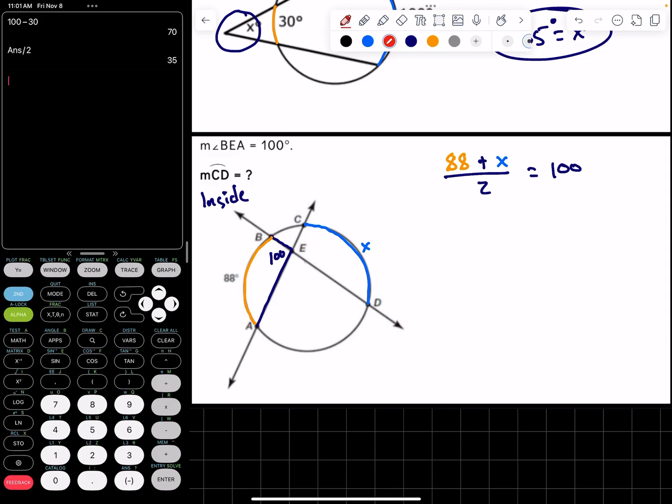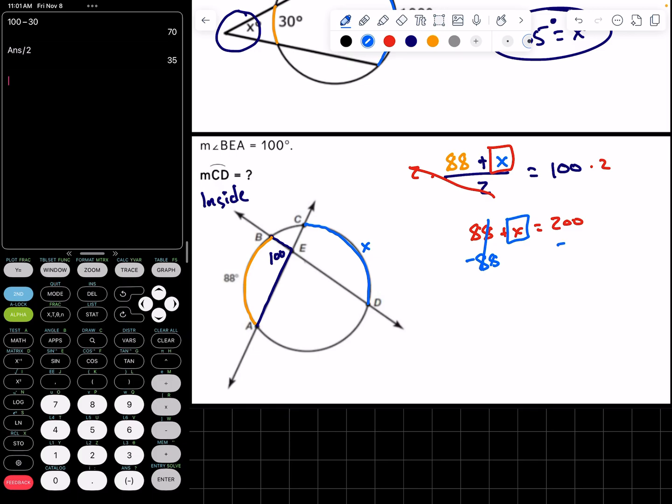So I'm going to multiply both sides by 2 to get 88 plus x equals 200, because I'm ultimately trying to get x by itself. X is in my numerator, so I can't do anything other than get rid of my denominator. And now at this point, I have my x that I'm trying to get by itself.